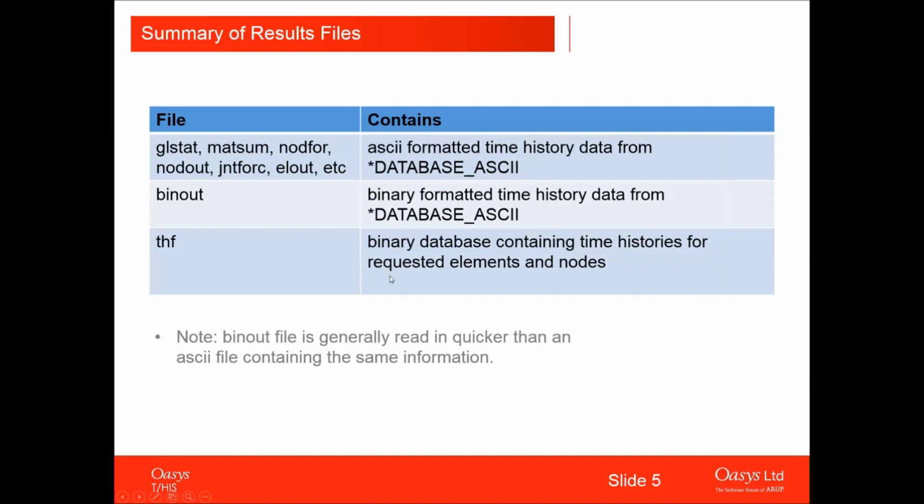And we can also request THF files. So that will be under database binary. Just a note to say that binout files are generally quicker to read than ASCII files, even though they contain the same information, and that's because of the formatting and the file size. So THIS will read binout files quicker.